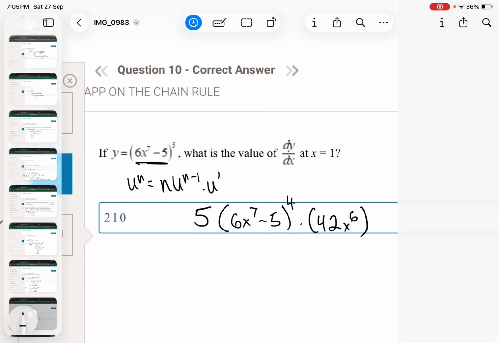Then you do the 42 times the 5, which is 210x^6 times (6x^7 minus 5) to the power of 4.